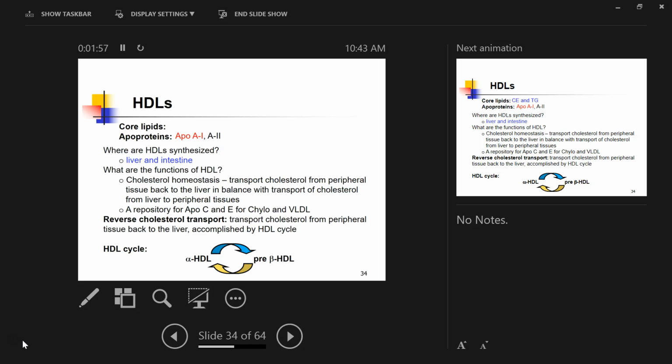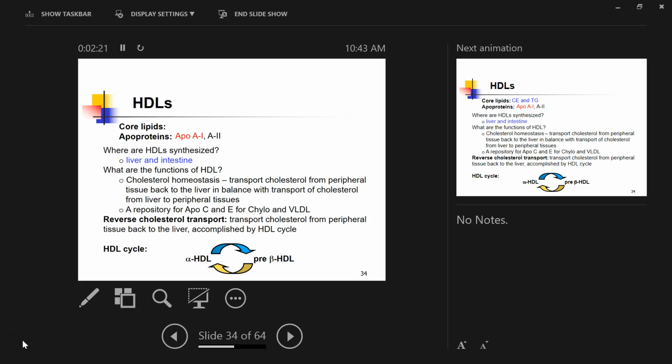For example, chylomicron is a lipoprotein that is synthesized in the small intestine, and the main function of chylomicron is to transport triglyceride from the small intestine to which tissue mainly? Adipose tissue for storage, right?